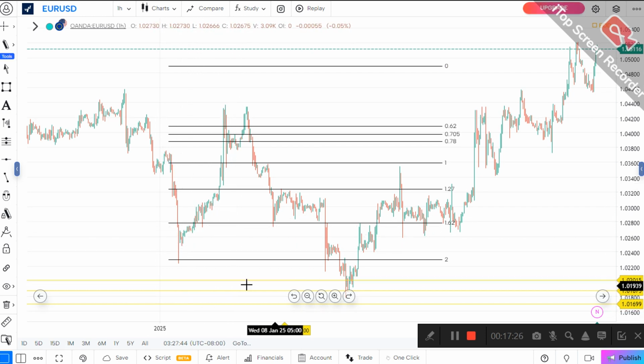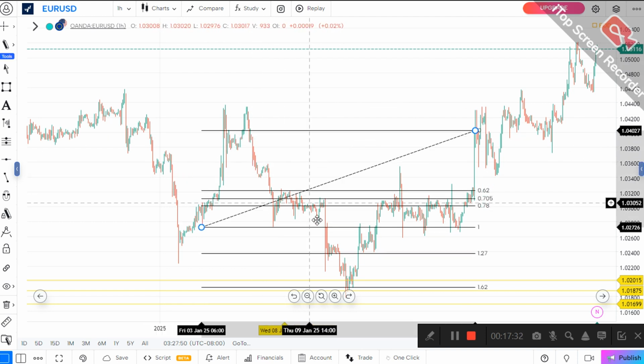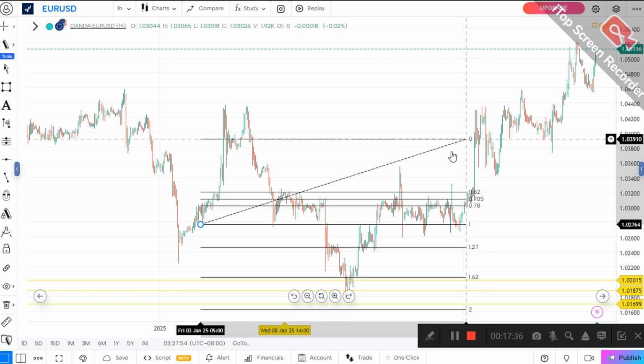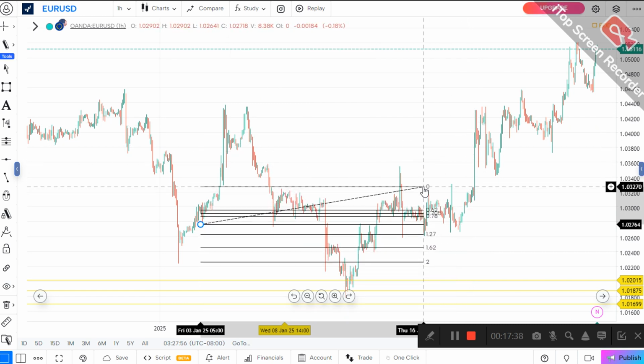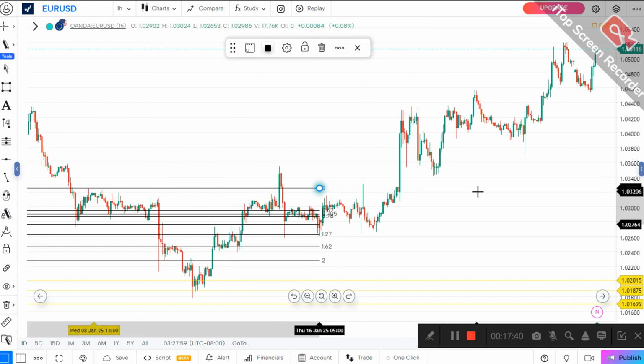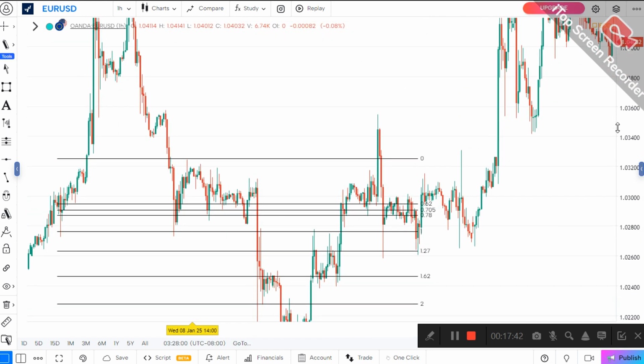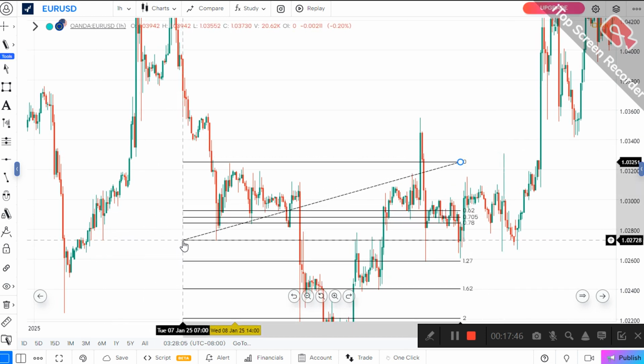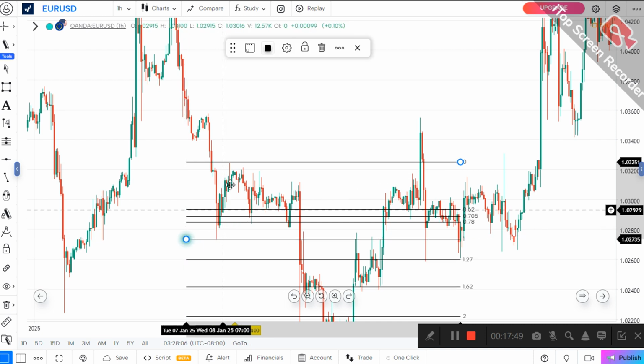We draw this line, but it will go into the downside. I mirrored this line to that low, to that high.